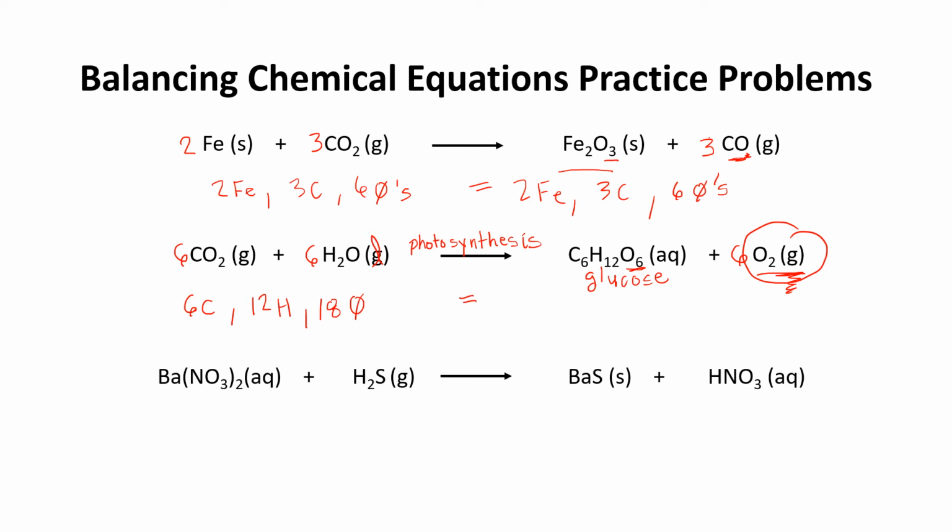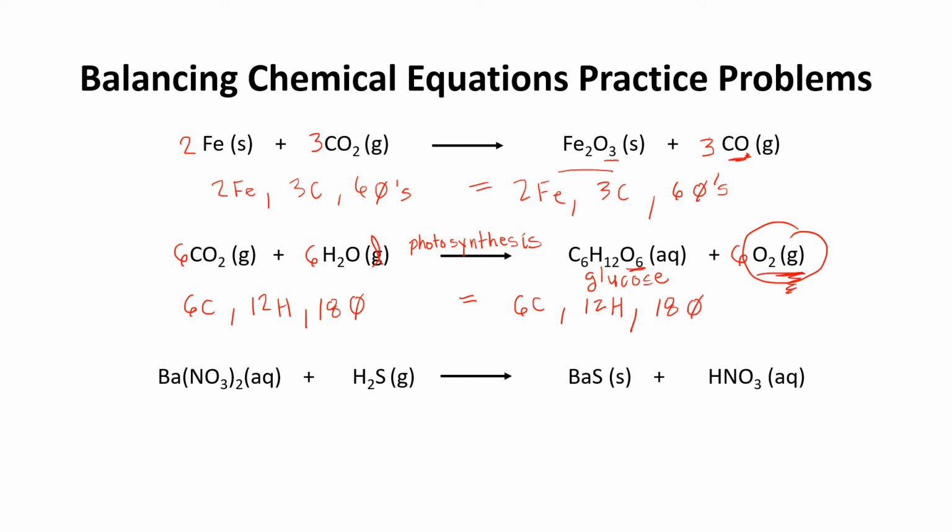Remember, I told you to treat this arrow as an equal sign because we should have the same number of atoms on both sides of the chemical equation. So we have 6 carbons over here, and we have 12 hydrogens, and we have 6 plus 12, 18 oxygens over here.